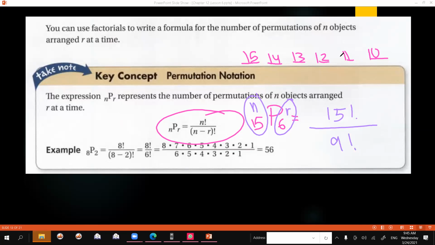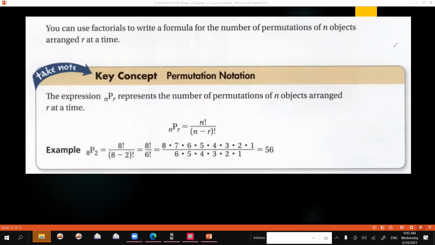Then 15 factorial means 15 times 14 times 13 times 12 times 11 times 10 times 9 times 8 times 7, and so on. Like this example here. If I have to find 2 girls from 8, I want to arrange 2 girls from 8 in the class.